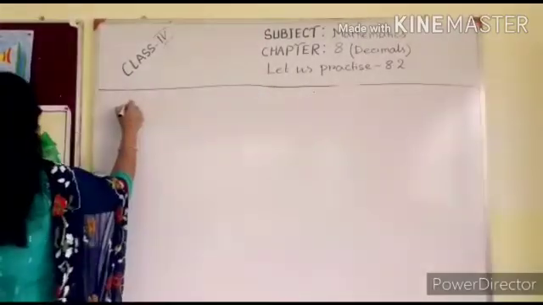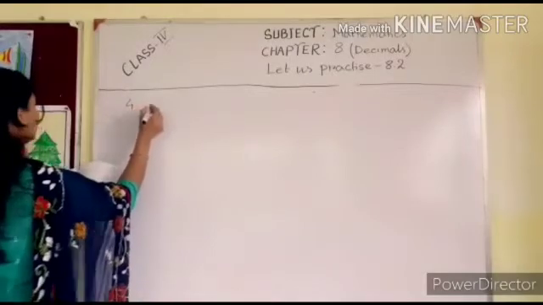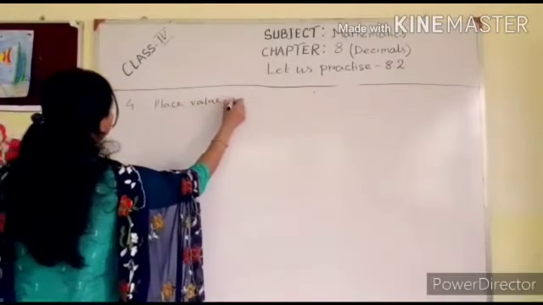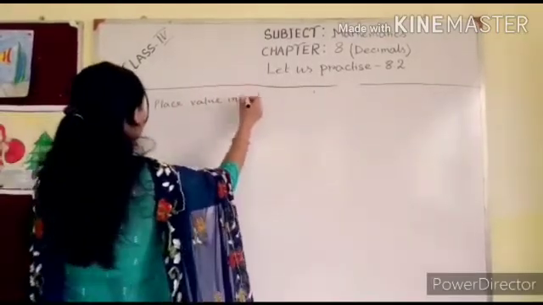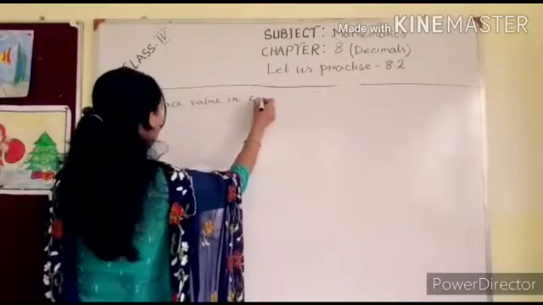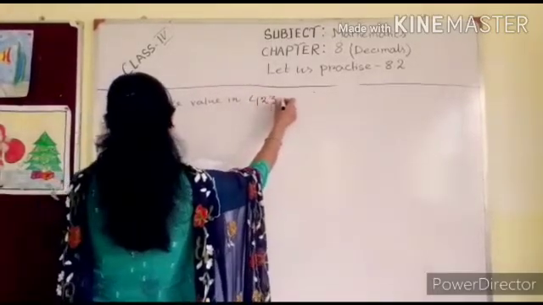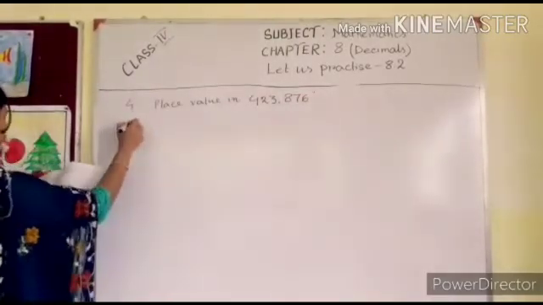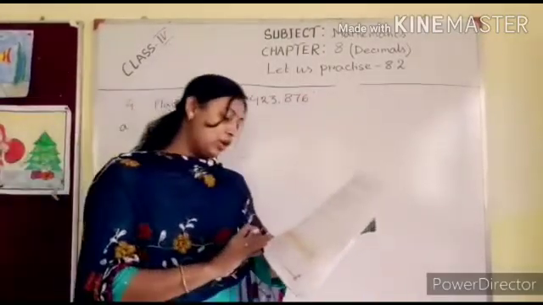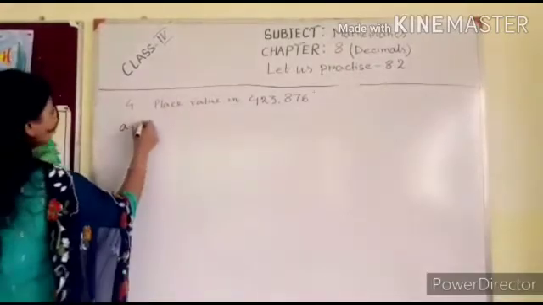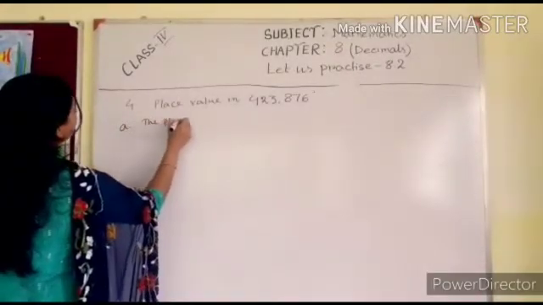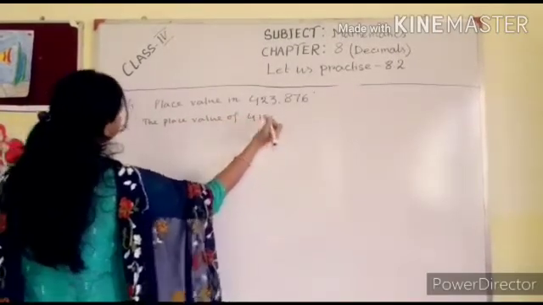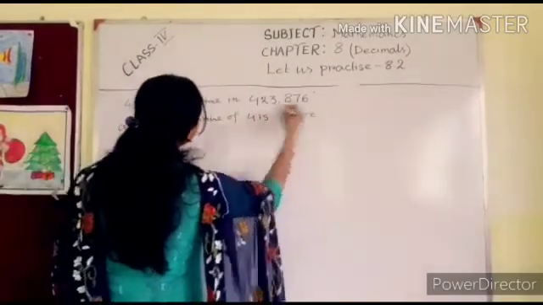Now, according to place value in 423.876. So A, the place value of 4 is 400.